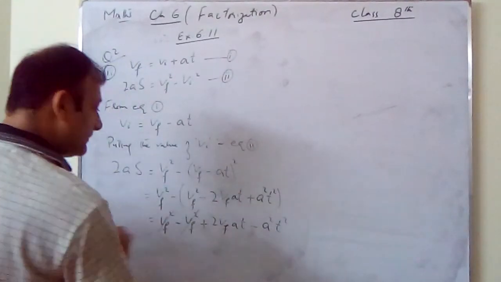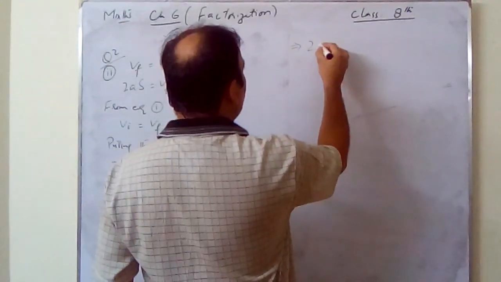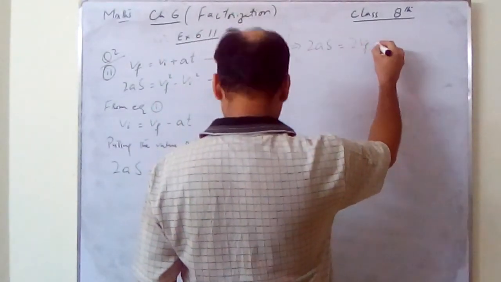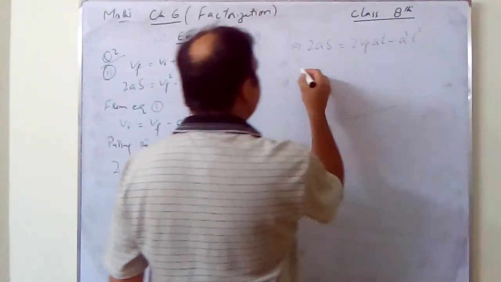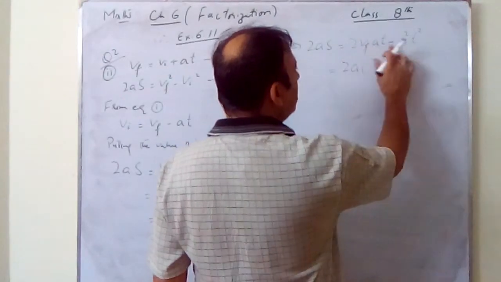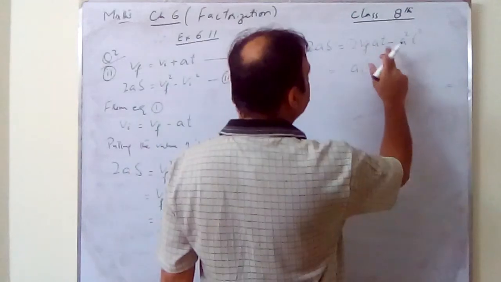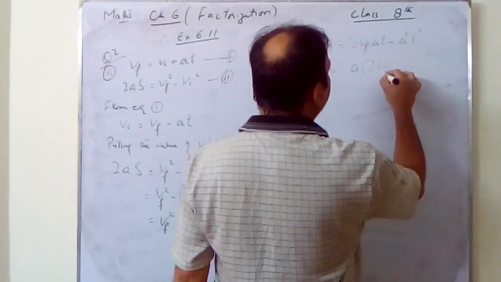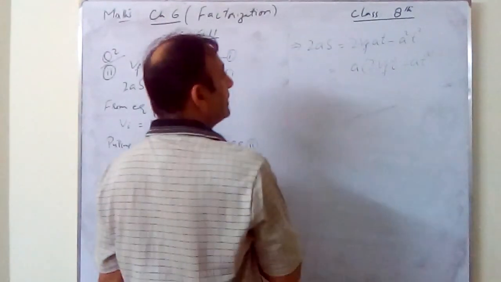Both are cancelled. So we have 2As is equal to 2Vf At minus A square T square. Take A common, only A is common. So 2Vf T minus At square.